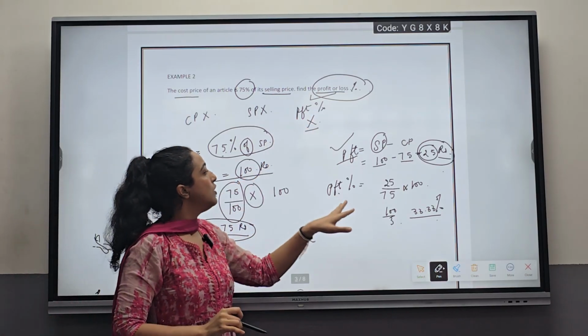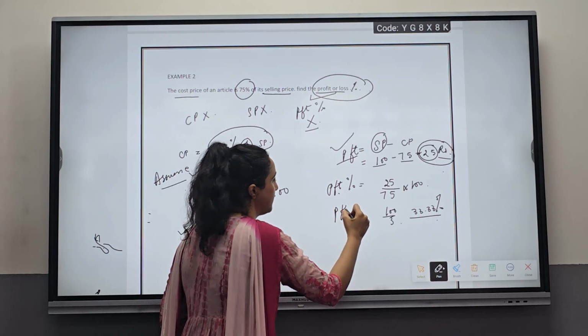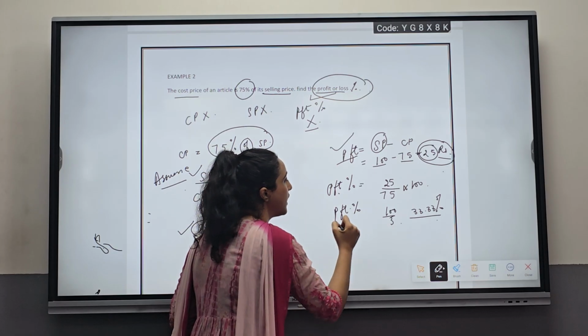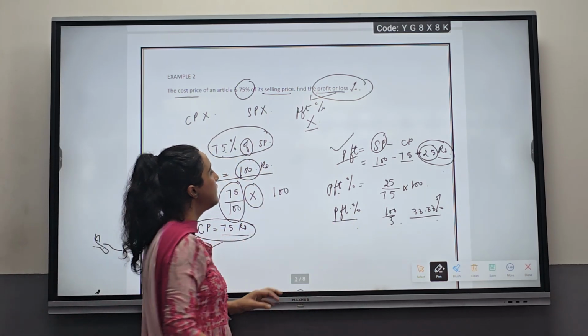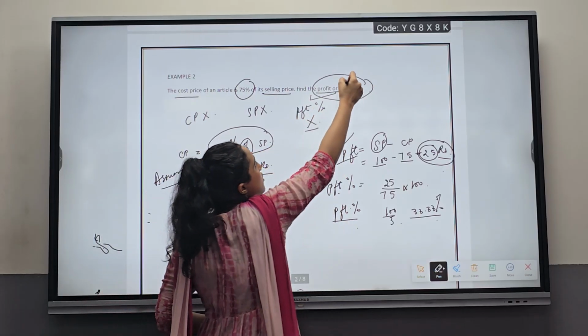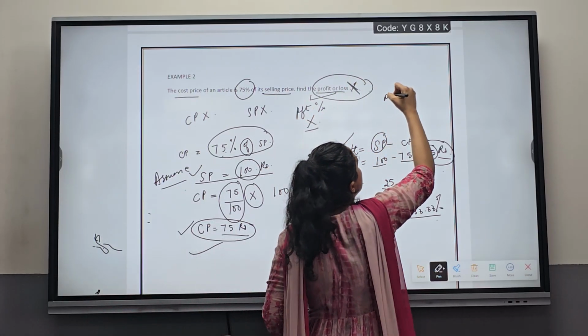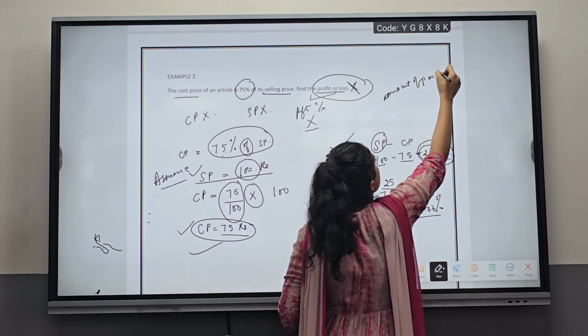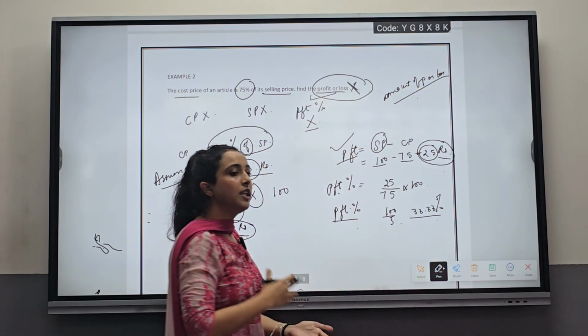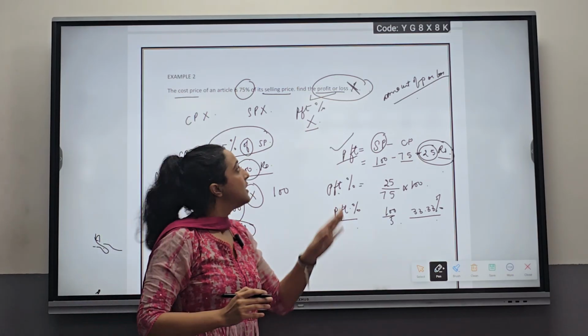Okay. Now, I told you how to find the profit percentage. What if the question, instead of percentage, asks you to tell the amount of profit or loss? What will be the amount of profit or loss? Then you cannot tell.